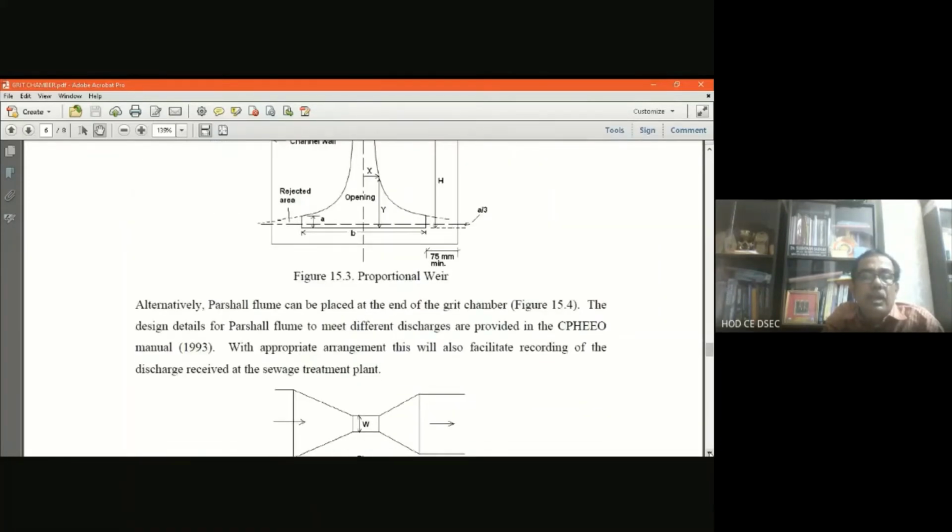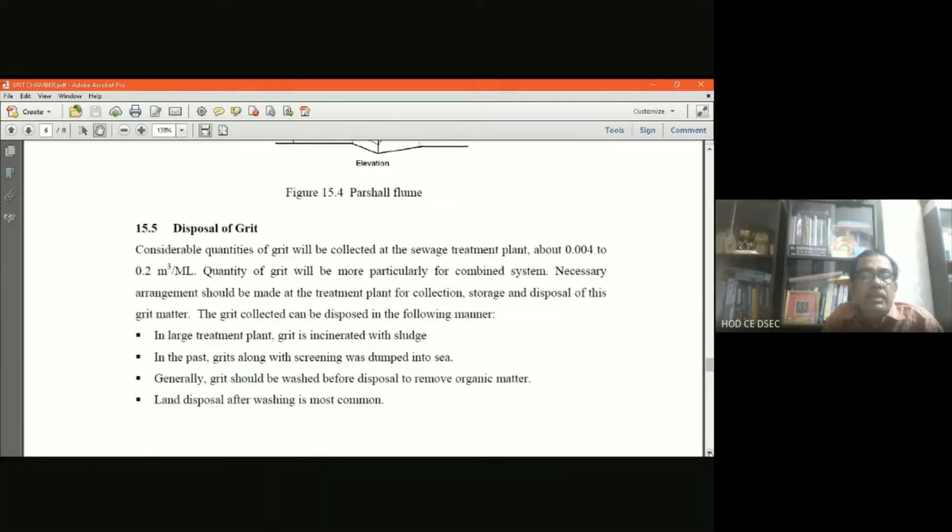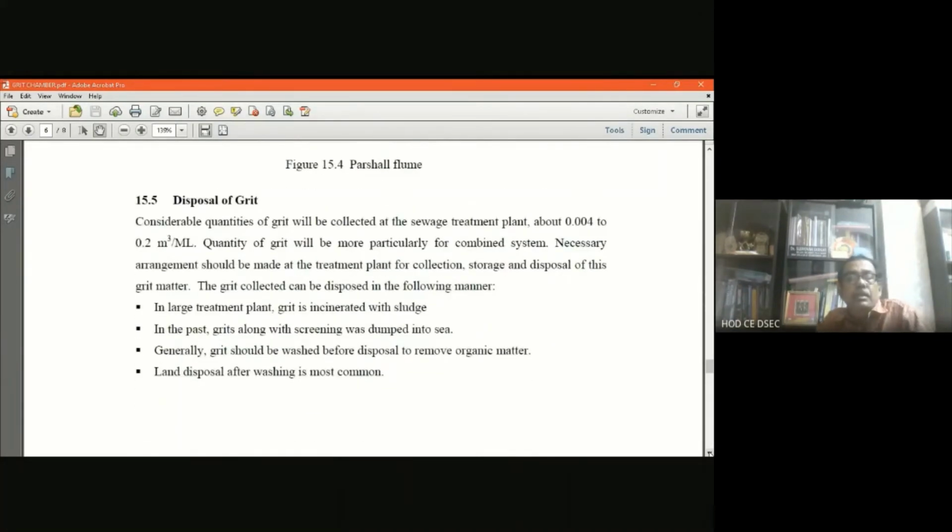Considerable quantities of grit will be collected at the sewage treatment plant, about 0.004 to 0.2 meter cube per ML. That means per million liter supply of water, 0.004 to 0.2 meter cube of grit is to be collected.